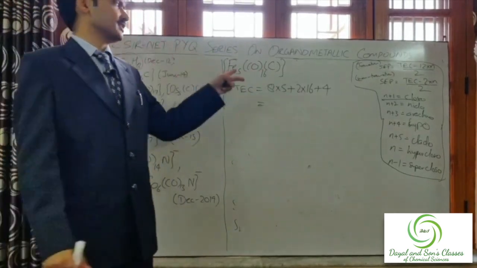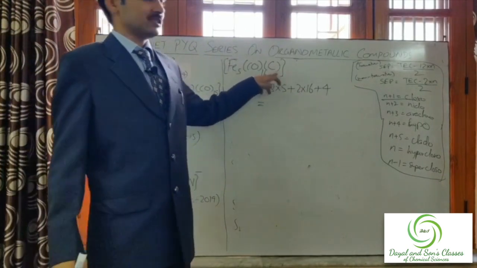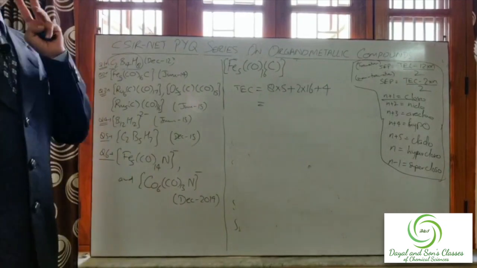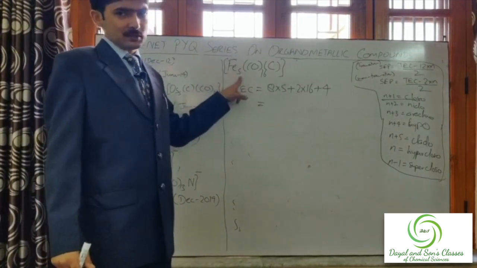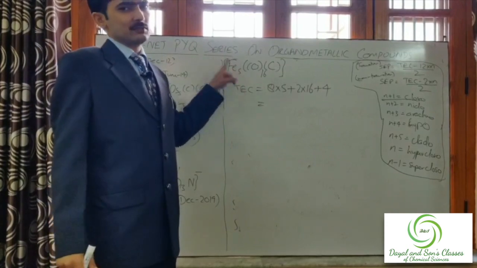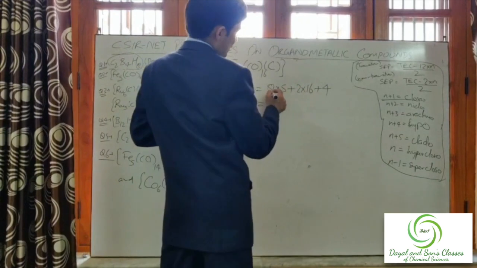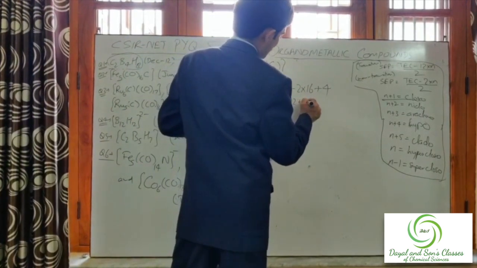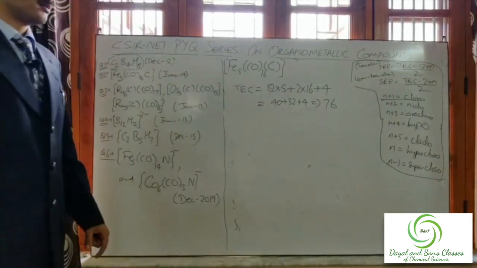It will lie in the interstitial space. So in this particular cluster, the number of vertices will be 5. Alright. Now let's calculate this. 8 fives are 40 plus 32 plus 4 comes out to be 76.